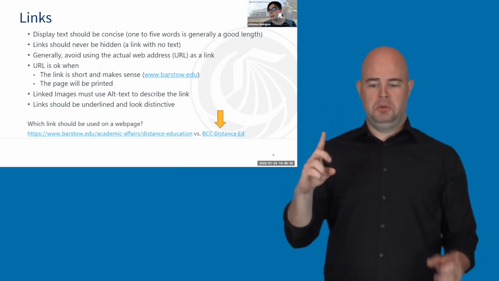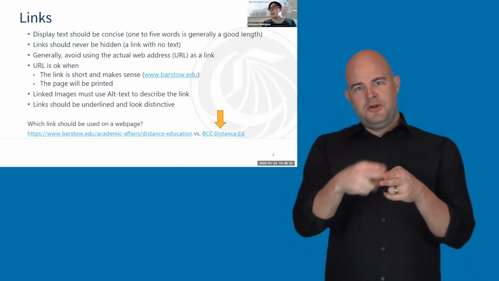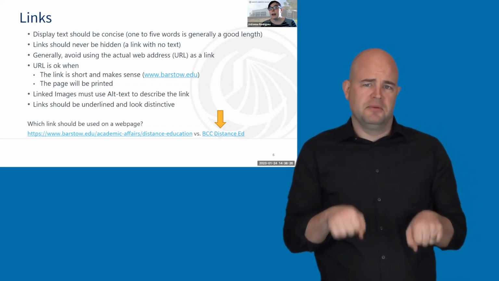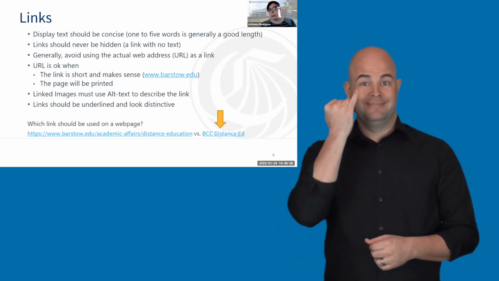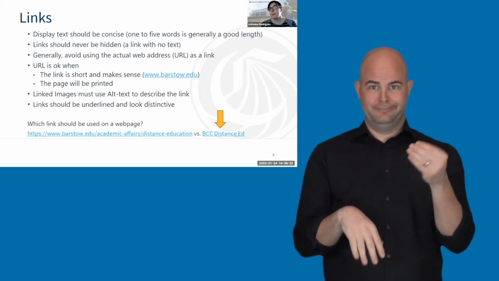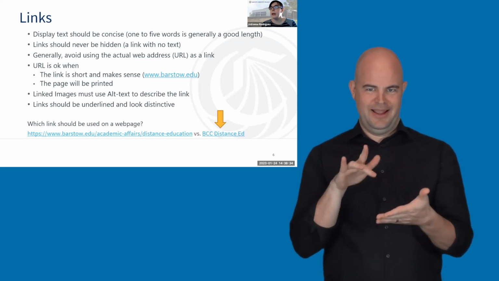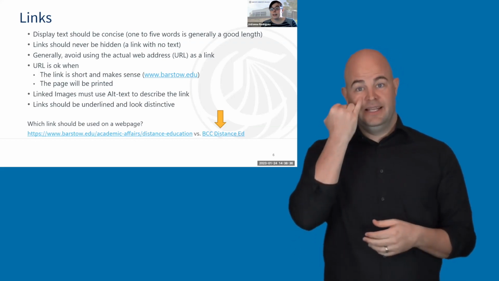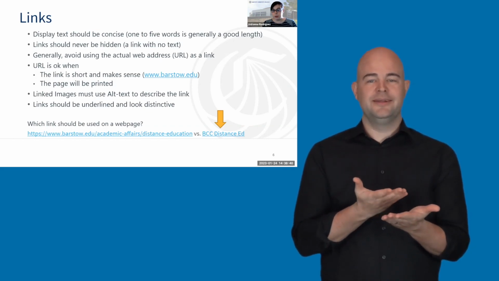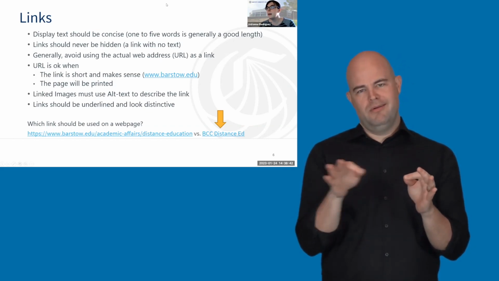That's short and simple, so if you wanted to just leave the URL as the link there, that would be okay. Also, if your page is going to be printed, obviously students can't click on a link on a printed piece of paper. So if you need students to access a link from a printed document, they'll want the whole link typed out so that they can type it in.